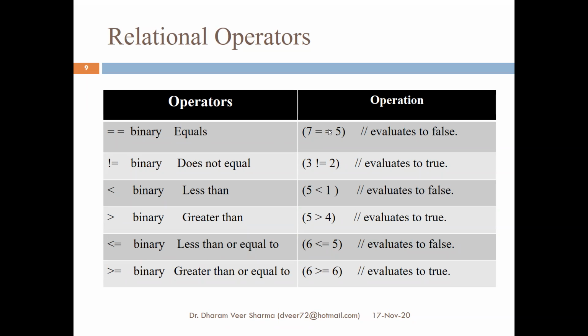But if you are assigning some value, you are writing a is equal to 5, when you are assigning value of 5 to a, then you will use single equal to. Be very careful about that. Okay, then 7 is equal to 5, it will evaluate to false. 3 is not equal to 2, it will evaluate to true. 5 is less than 1, it is false. 5 is greater than 4, it is true. 6 is less than equal to 5, it is false. 6 is greater than equal to 6, it's true. So this is how the evaluations will be done.